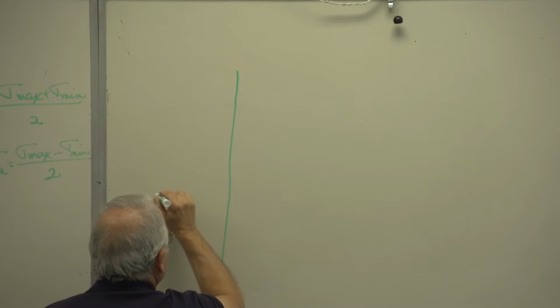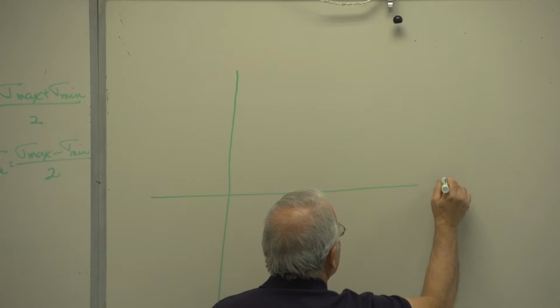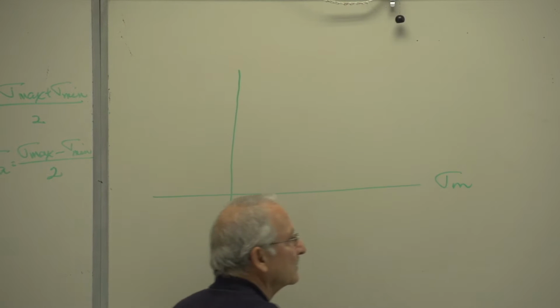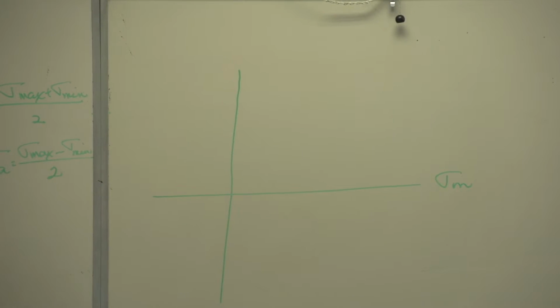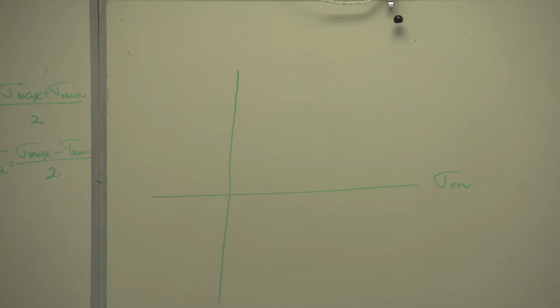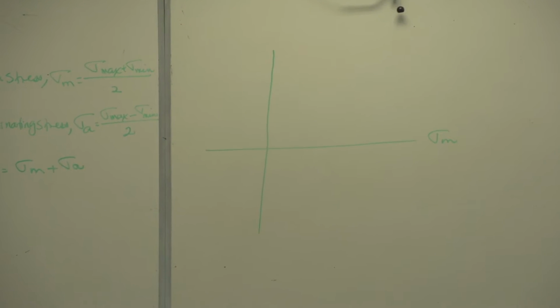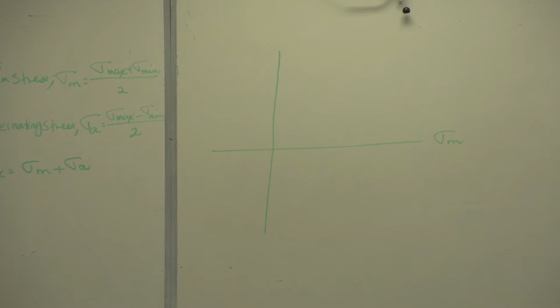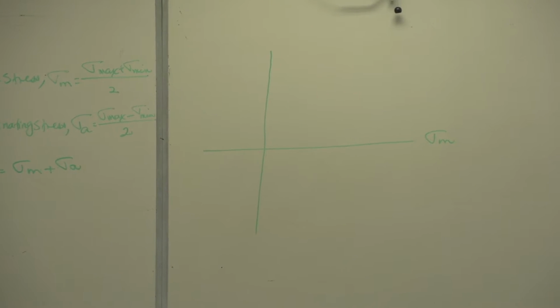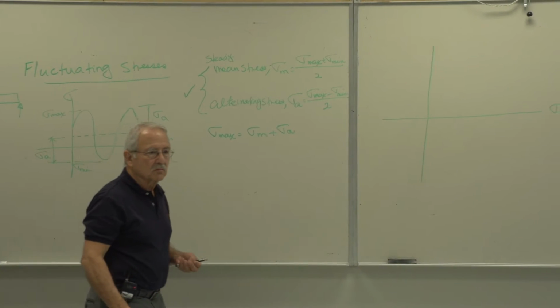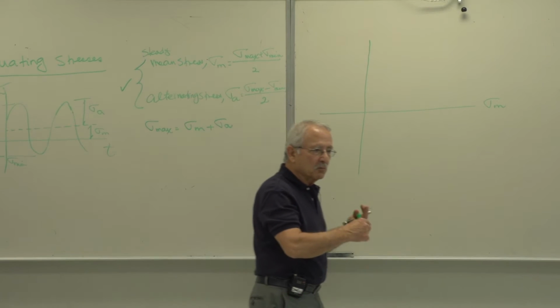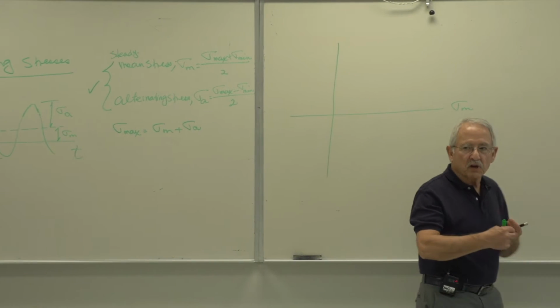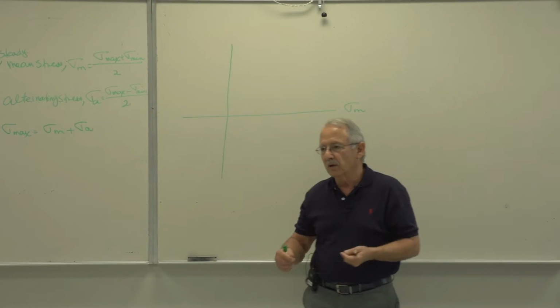Let's say we take a set of axes like this. On the horizontal axis, we plot sigma m. On the vertical axis, we plot all other stresses: sigma max, sigma min, the mean stress, alternating stress, whatever you like.